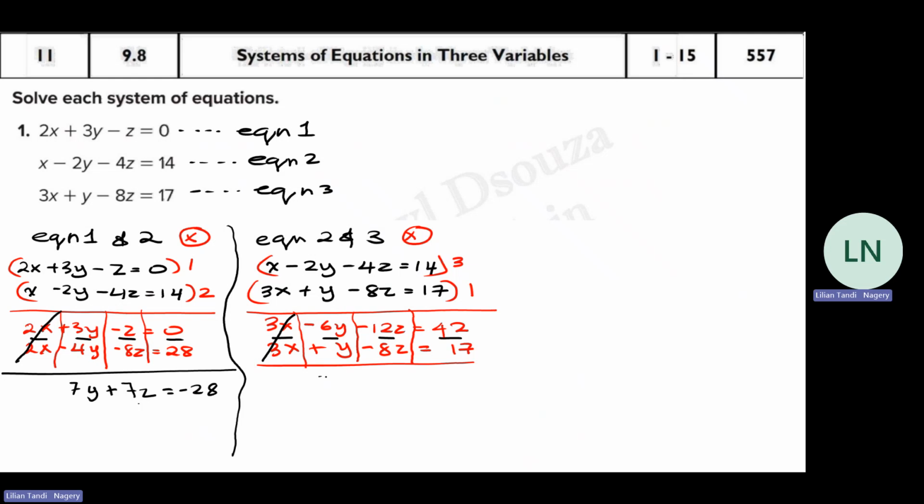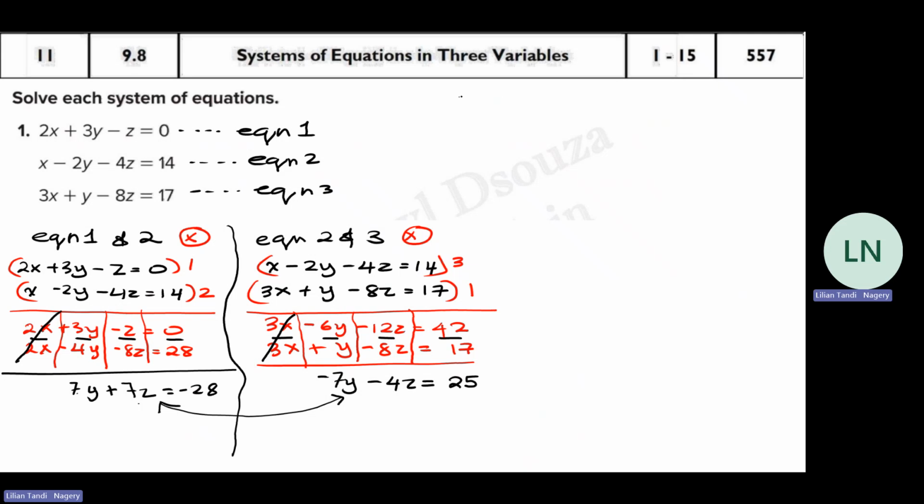This becomes negative 7y, negative 4z equals 25. Now, I want to use these two equations and eliminate. I'm going to eliminate y. Why am I going to eliminate y? Because they have the same coefficient, I mean, opposite coefficients.